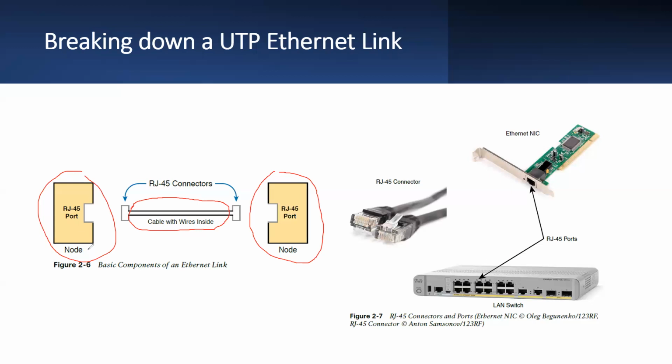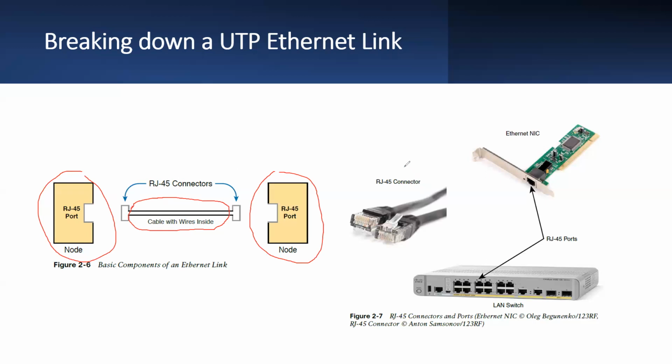There's individual wires inside of the cable. So they both connect, and again, some of them send traffic. They're responsible for transmitting. Some of them are responsible for receiving. The terms transmit and receive are important terms for you to understand. When you get on the exam, and of course in the future, they may say transmitting traffic or receiving traffic, etc. So make sure you take note of that.